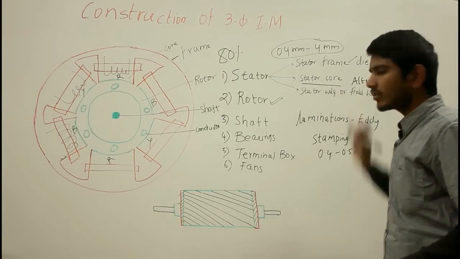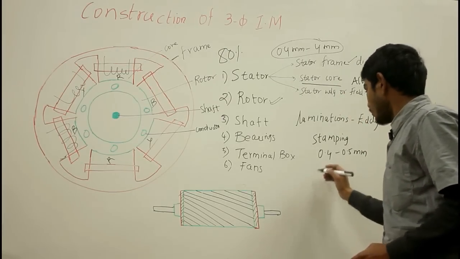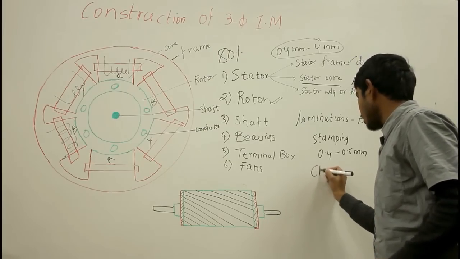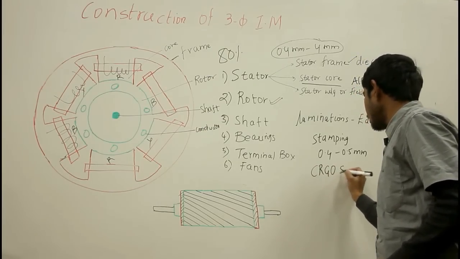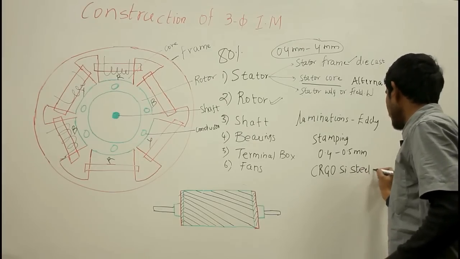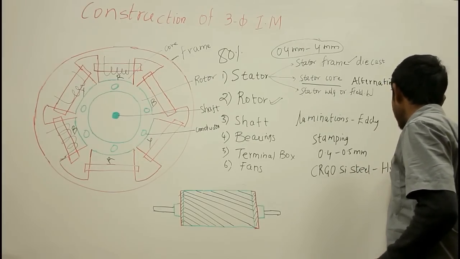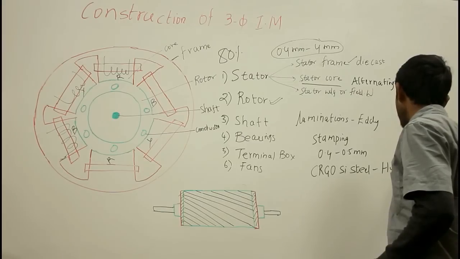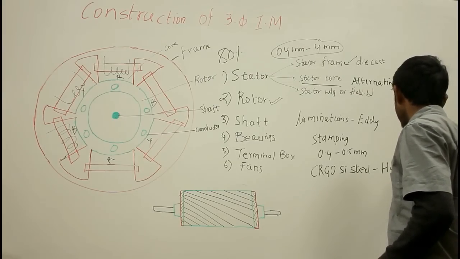The stator core is generally made of CRGO silicon steel, that is cold rolled grain oriented silicon steel, in order to reduce the hysteresis losses occurring in the three-phase induction motor.